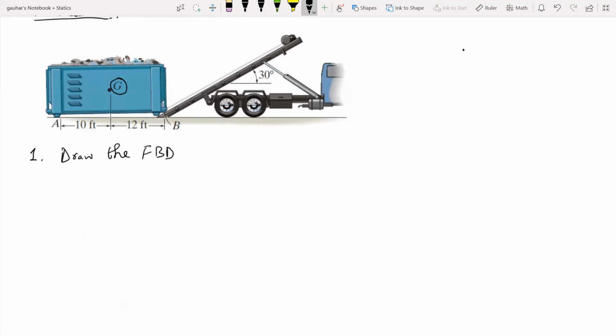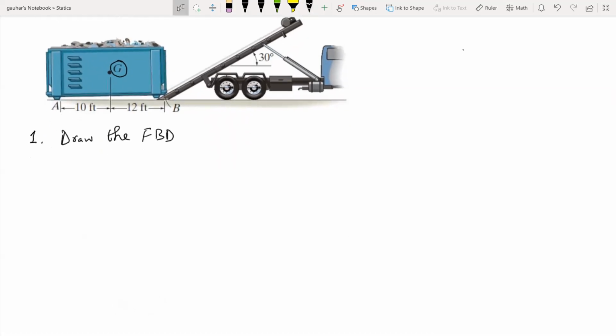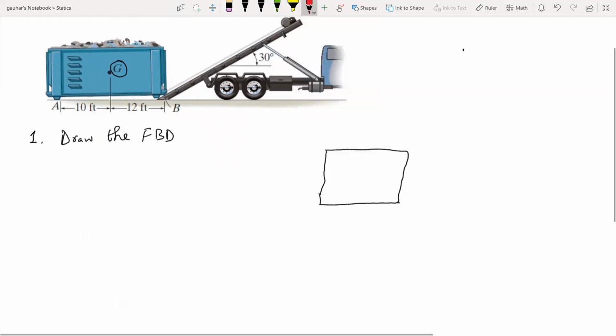of the system. I'm not going to draw a fancy diagram. I'll just draw it like this. This is your garbage bin, just a rectangle. Now, what are the forces? Let's use a different color.